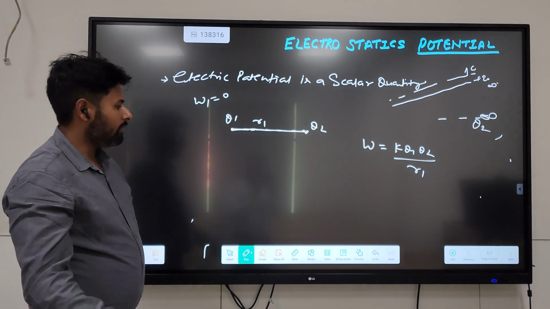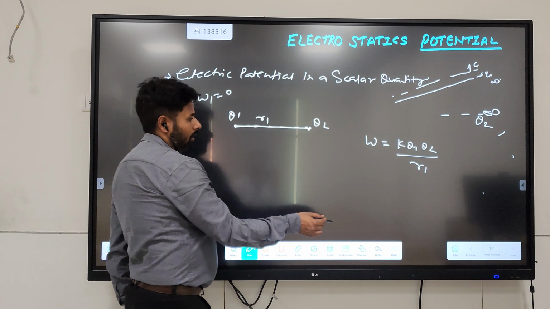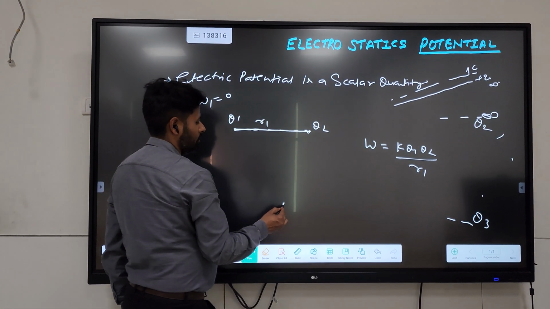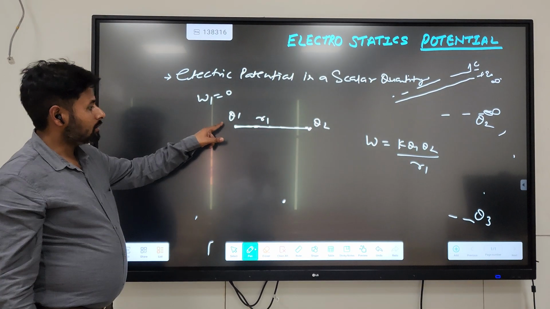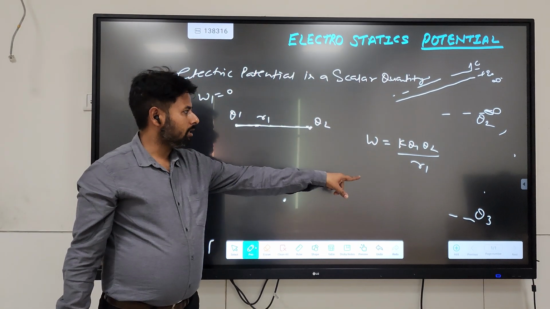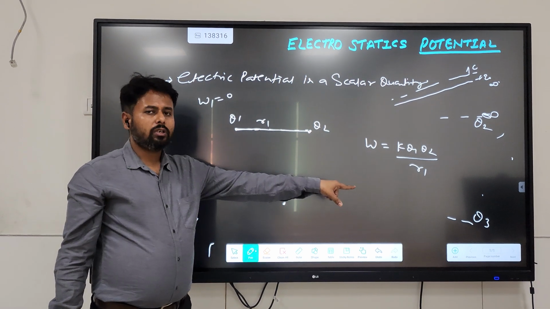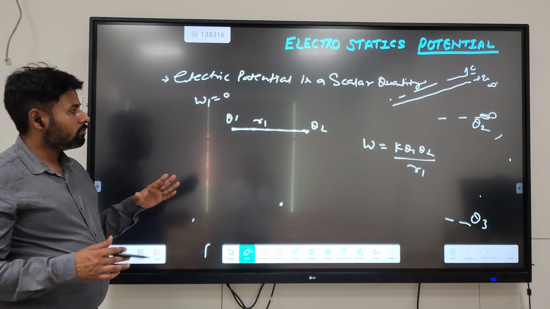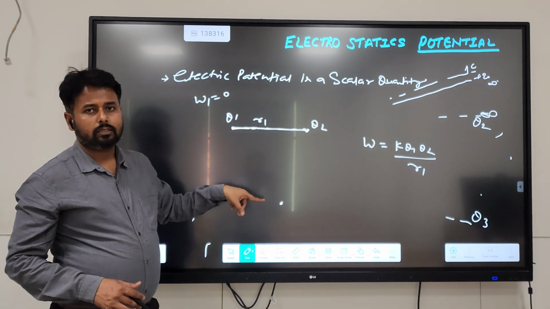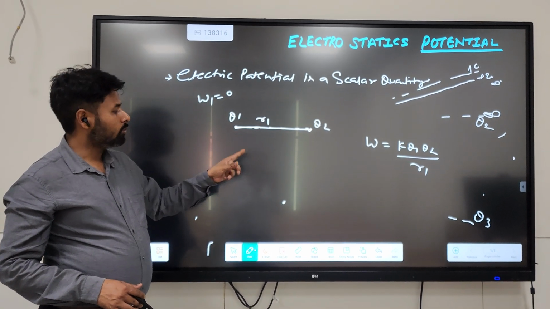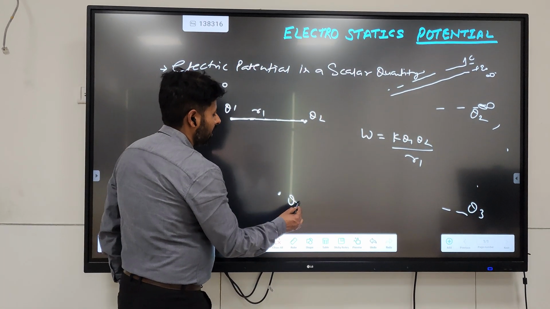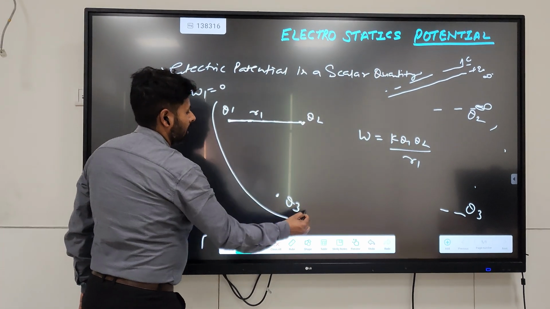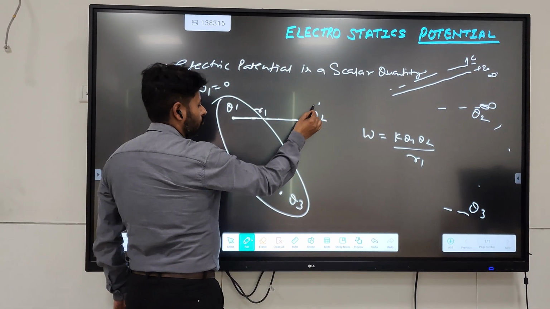Now if we bring the third charged particle Q3 from infinity to a given point, then the Q1 charge will repel this Q3 charge and the Q2 charge will also repel this Q3 charge. So both charges will repel, so you need to do work against both of these charges. When you bring Q3 here, there will be a potential energy between Q1 and Q3, and a potential energy between Q2 and Q3.